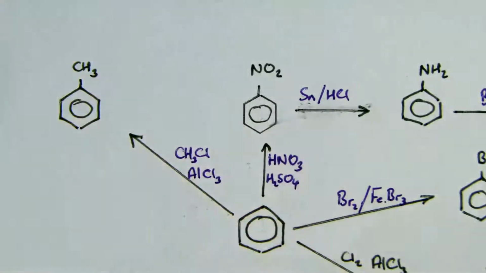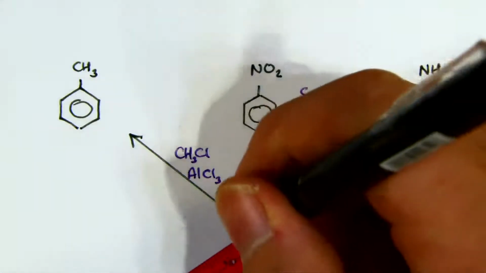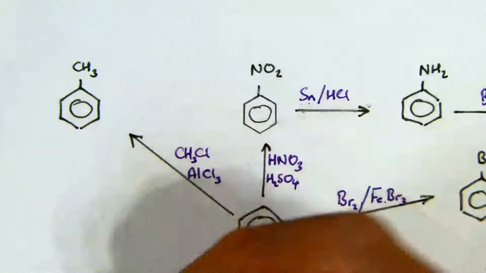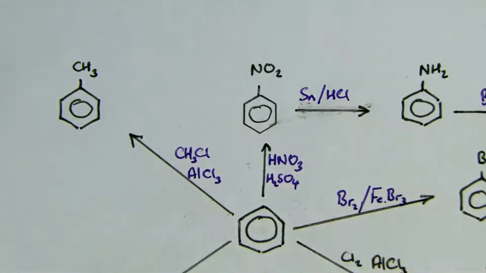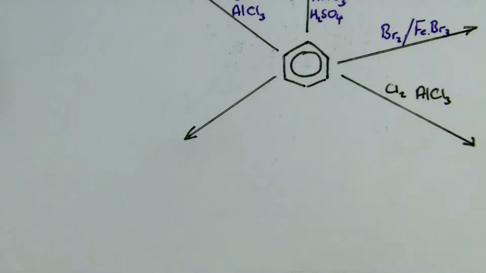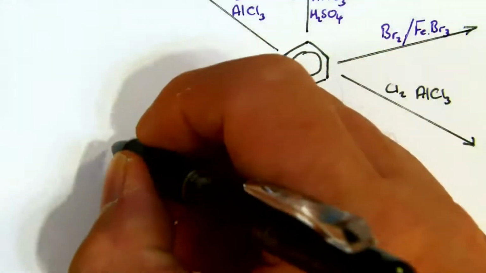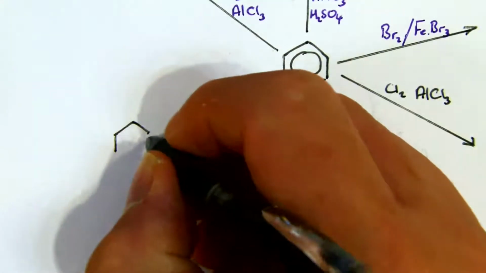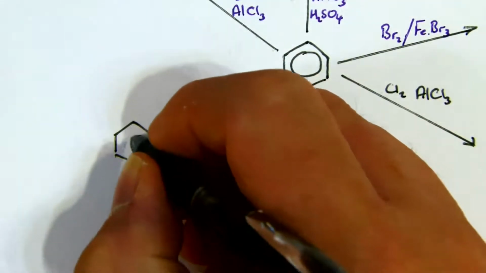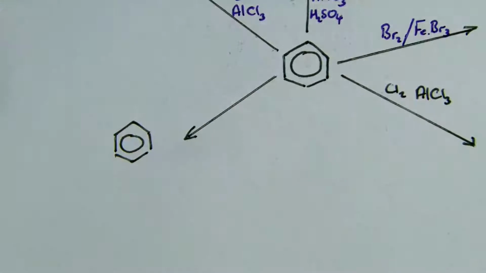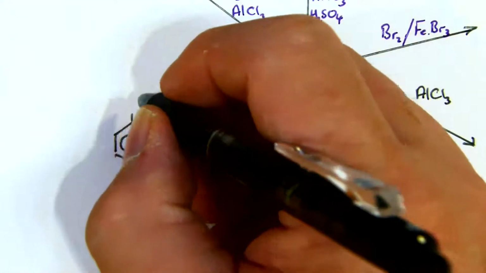Similar way, I suppose we can do an acetylation. So let's take our bromine and let's make here something fairly easy.